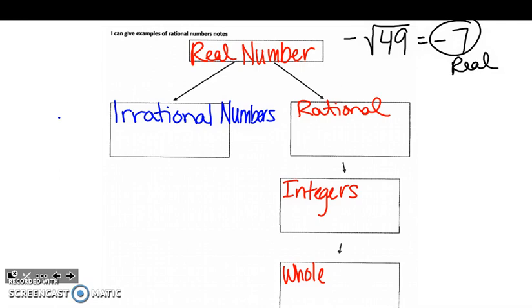Okay, and then remember, you want to go into the lowest box. Well, I know that the last box that negative numbers fall into is going to be the integer box. So it's an integer because it's a negative or positive whole number. That means it also has to be rational. So the negative square root of 49 has 3 names. It's real, it's an integer, and it's rational.